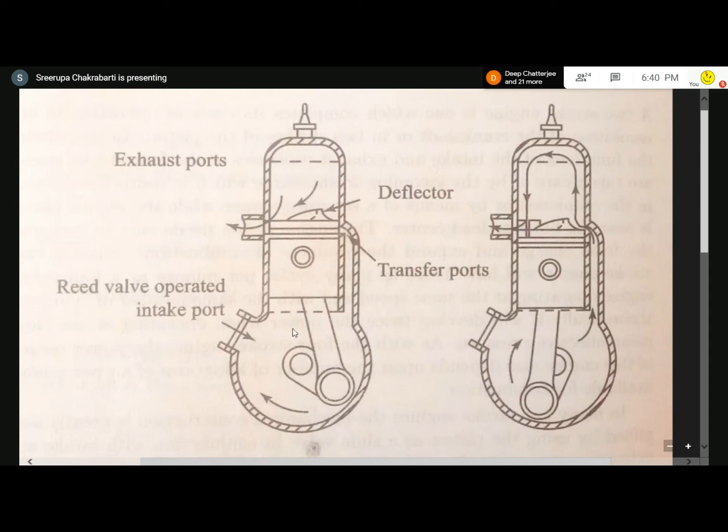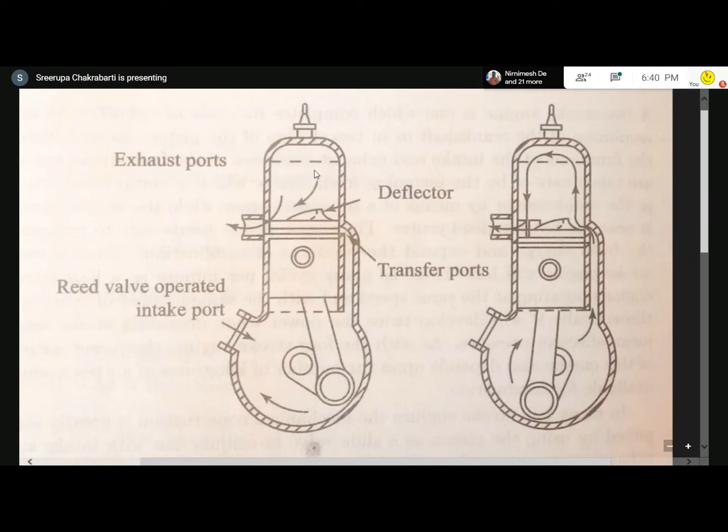The gas enters, fills up this, and the piston moves up and up and up and compresses the gas. So in one stroke, it just carries out compression of the gas inside the cylinder and intake of the fresh charge into the crankcase. Intake of fresh charge into crankcase and compression of the charge in the cylinder. That will be in one stroke.